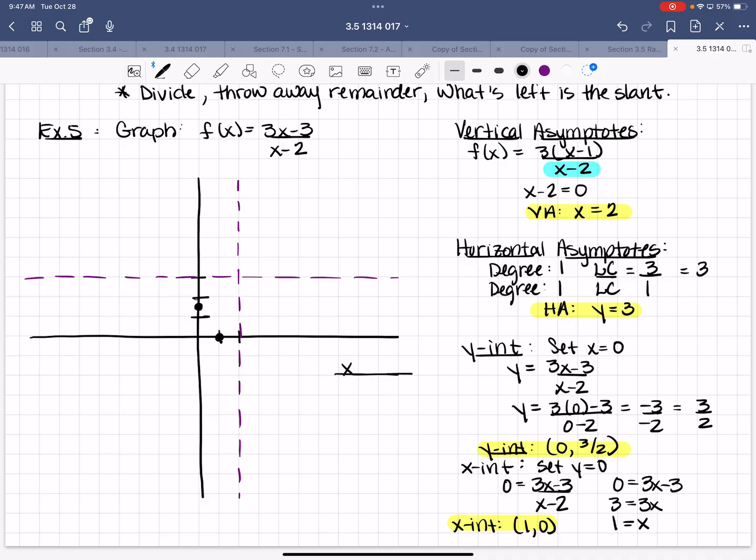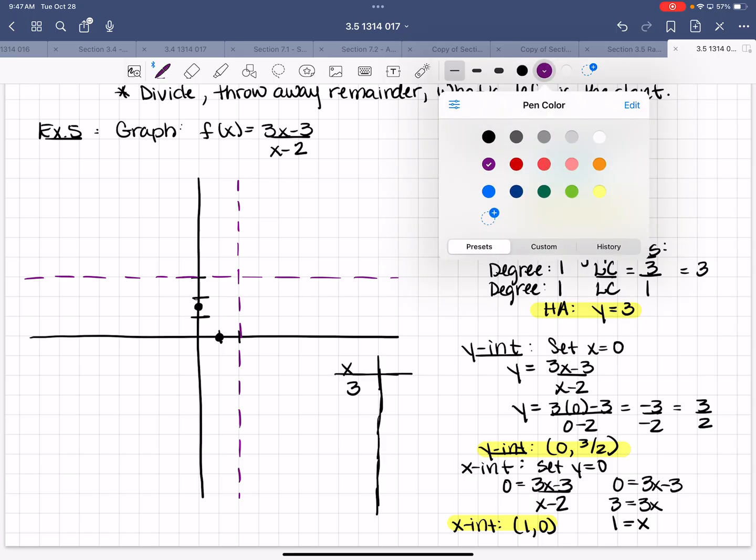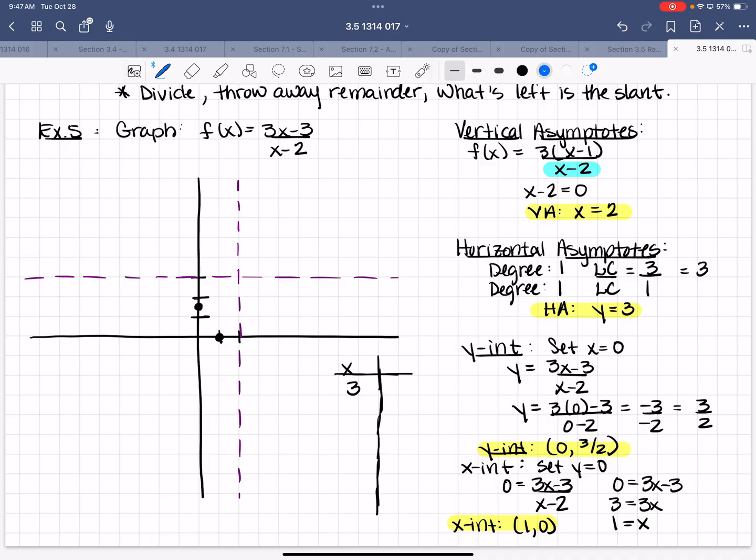Let's try 3 and see where that lands. If I plug in 3 for x, I'm going to say 3 times 3 minus 3 over 3 minus 2. That actually turns out really nice, doesn't it? What does that give me? 6 over 1.